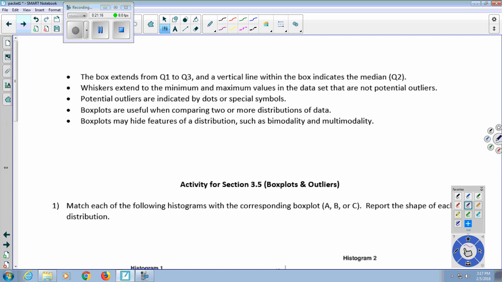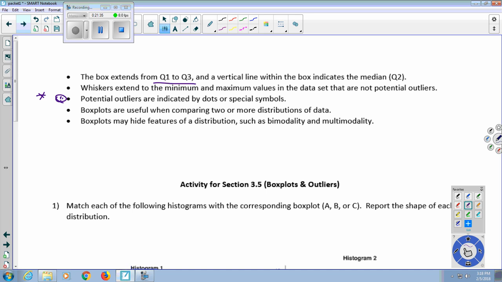The box extends from Q1 to Q3, so the length of the box is really our IQR. The whiskers extend to minimum and maximum values. If you use a modified box plot, then there are potential outliers that are denoted by dots.